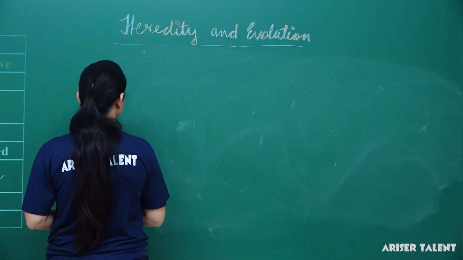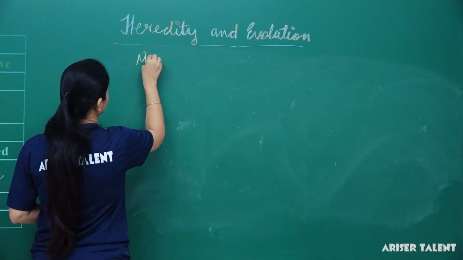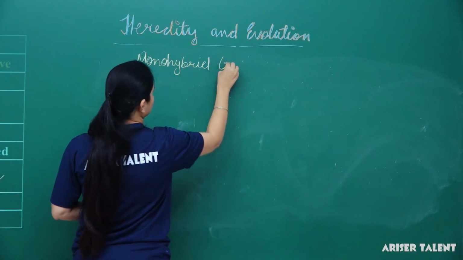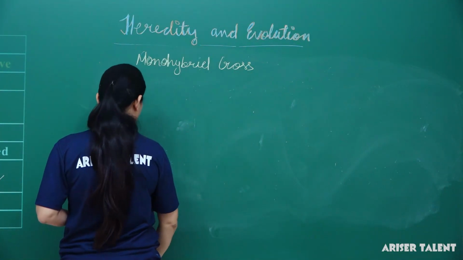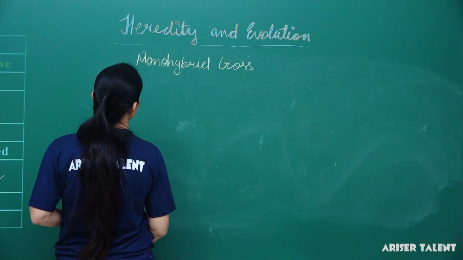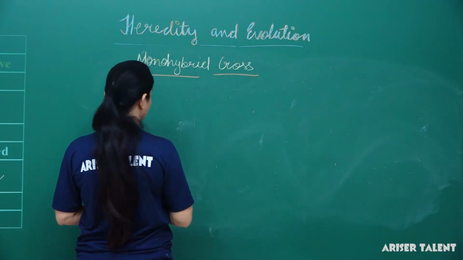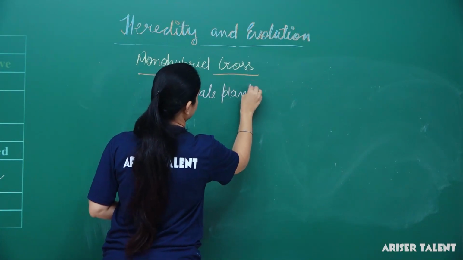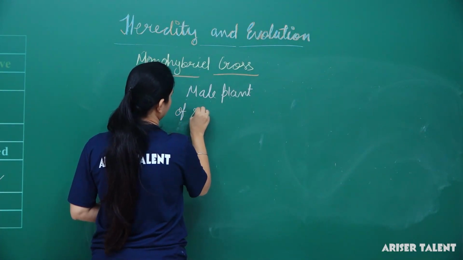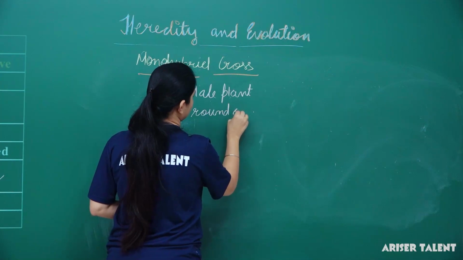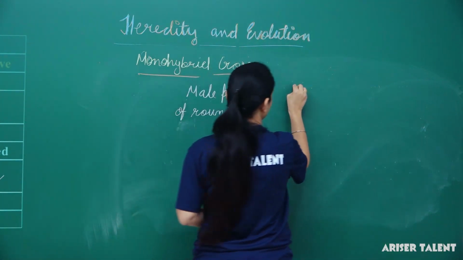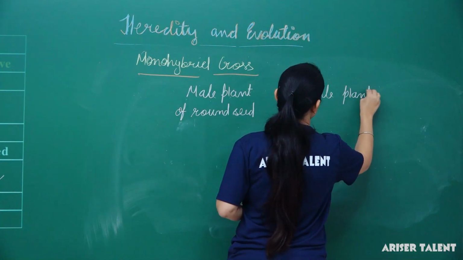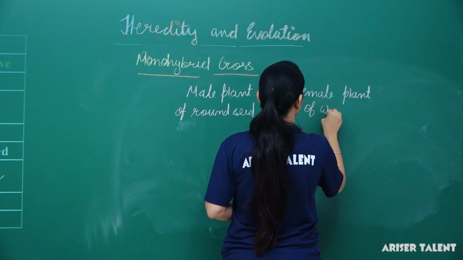We will look here. Monohybrid cross. Here we can mention male plant of round seed and female plant of wrinkled seed.